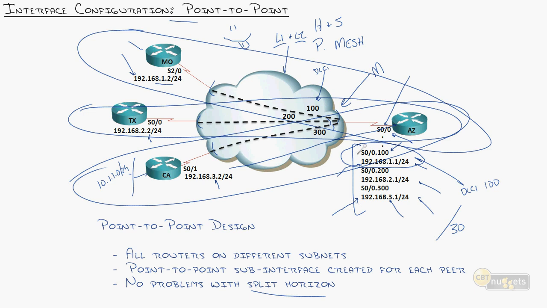So he's like, oh yeah, I've got no worries at all sending that same advertisement out on serial 0/0.200 and serial 0/0.100 because I see these as two completely separate interfaces. The only drawback that I could see to a point-to-point topology is it does use more IP addresses and the configuration just looks more complex. You do a show IP interface brief, you're like, whoa, 3? But once you get used to it, I'm telling you, this is the way to go.